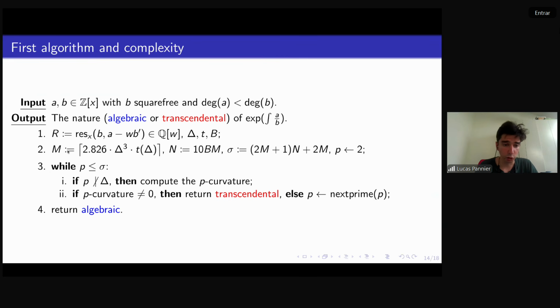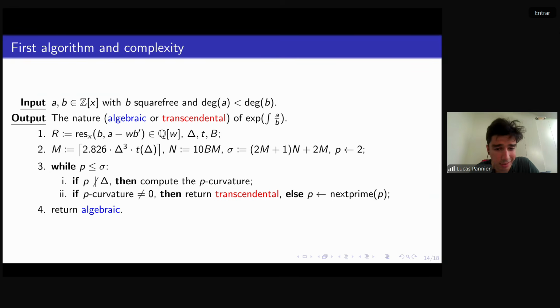Then we compute our value of sigma and then compute all p-curvatures until we find one that is non-zero. Then we can return transcendental immediately. And if we have tested that all p-curvatures vanish for p up to sigma and not dividing this leading coefficient delta, we can return that the solution is algebraic.